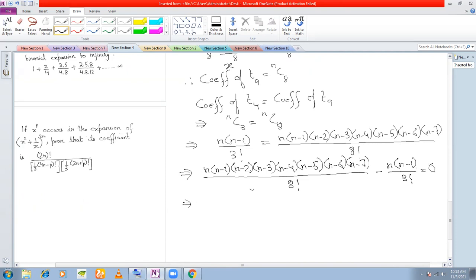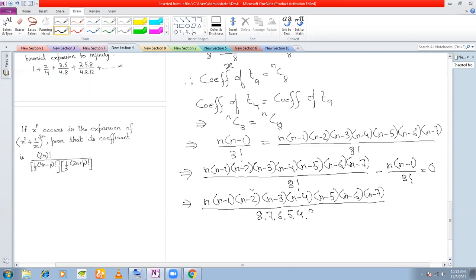Now from here, the numerator you write as it is. And the denominator, because there's a factorial 8 here, you can write this as 8 into 7 into 6 into 5 into 4 into factorial 3, minus, and you write this as it is, n into n minus 1 by factorial 3.